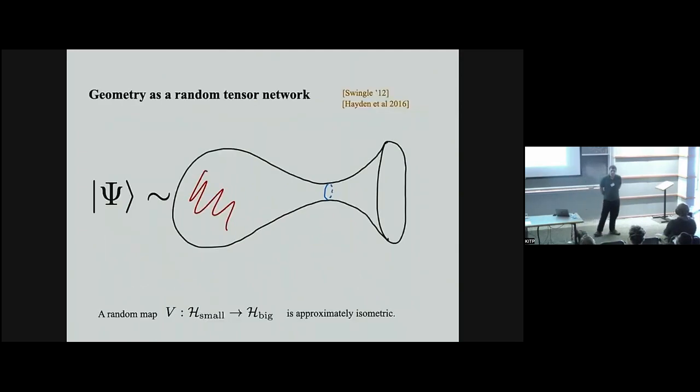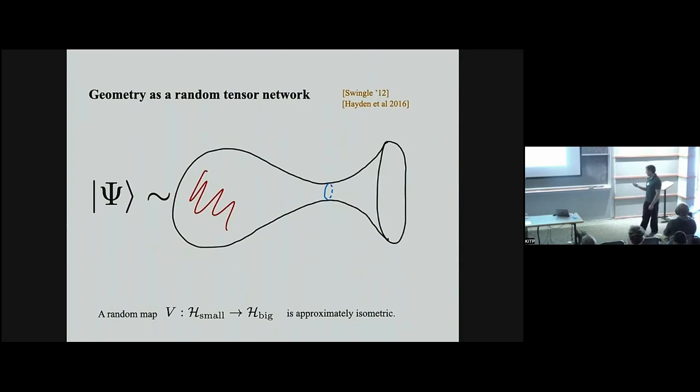One way of thinking about this property and understanding what we should expect for the holographic map when you're behind a horizon is this interesting correspondence between geometry and random tensor networks or other types of holographic quantum codes. The idea of the relationship between geometry and random tensor networks is that when you see a spatial geometry like this, again, this is the spatial geometry, I'm not drawing spacetime here, we have a spatial slice.